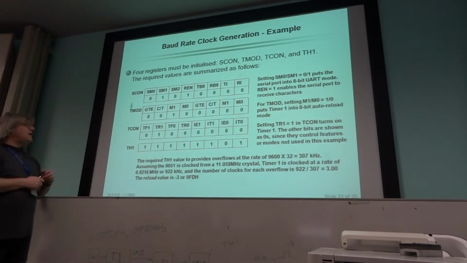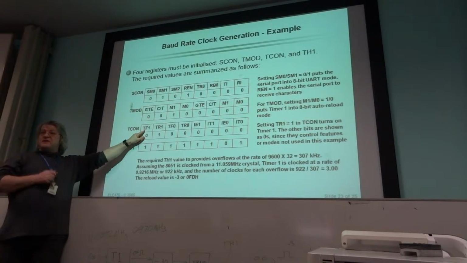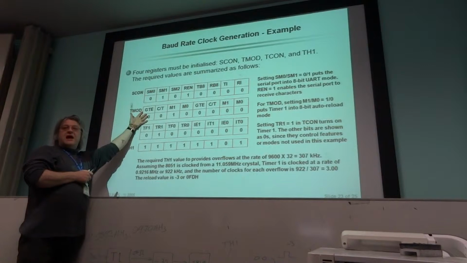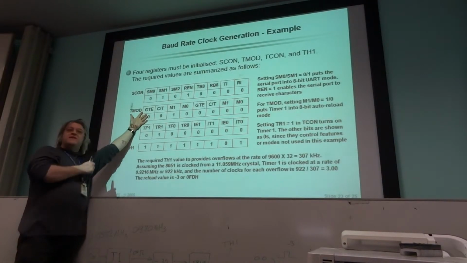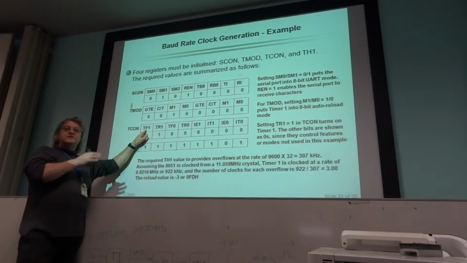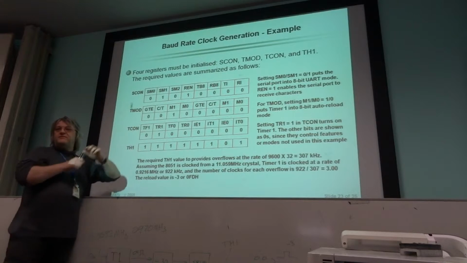Now automatically, when it's appropriate, the overflow flag will be set here. When the timer overflows, and it's being used to drive the serial interface, you don't have to worry about clearing this flag. When we're using this timer to drive the serial interface, looking after that is done for us.